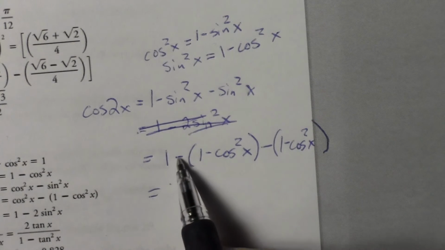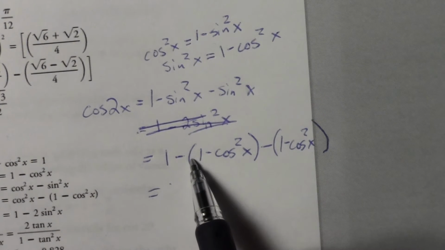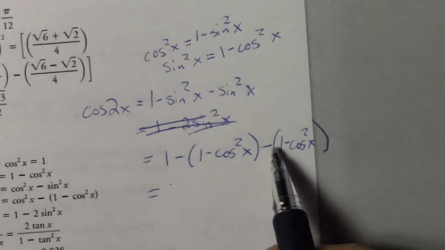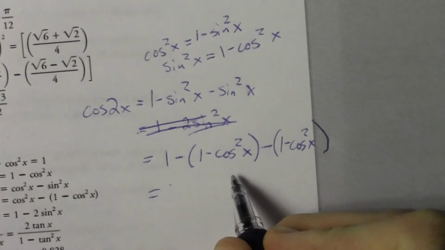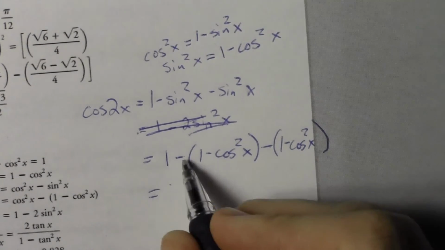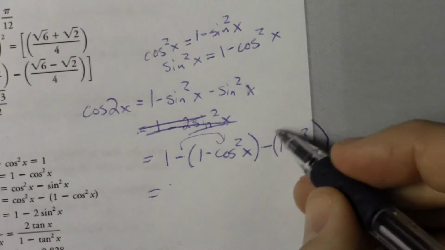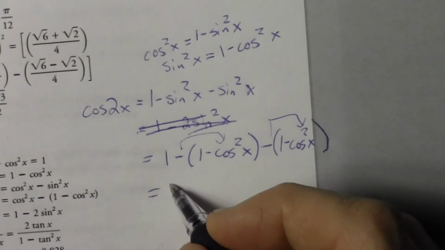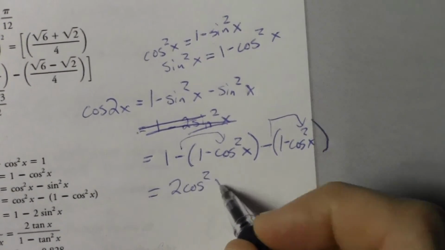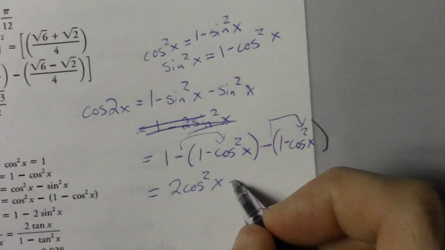So now we have 1 minus 1 minus 1. So that becomes negative 1, and then we have positive cos squared x and positive cos squared x. So we have 2 cos squared x minus 1.